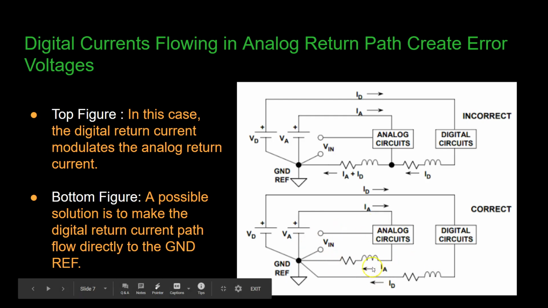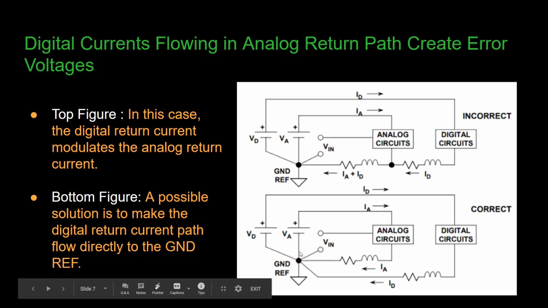So this is a possible solution to make the digital return current path flow directly to the ground reference. This is a fundamental concept of a star. As you can see, this is acting like a star ground, and different paths are connected from this ground potential.